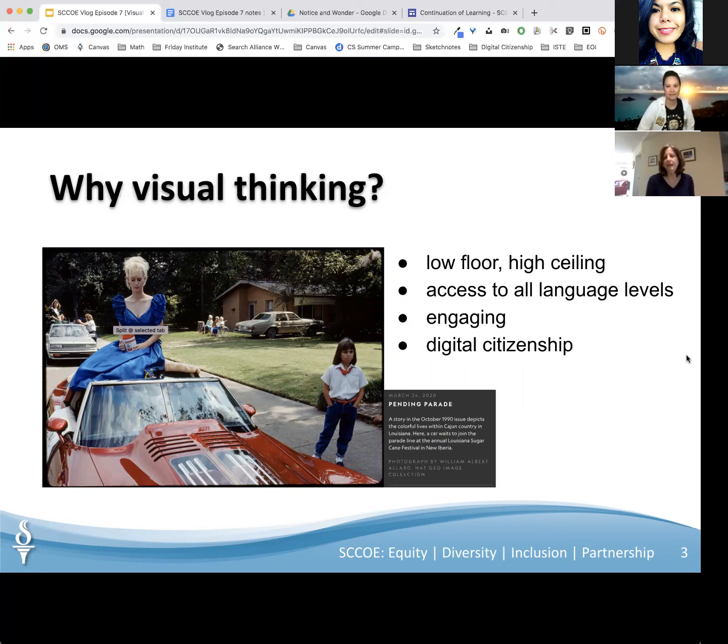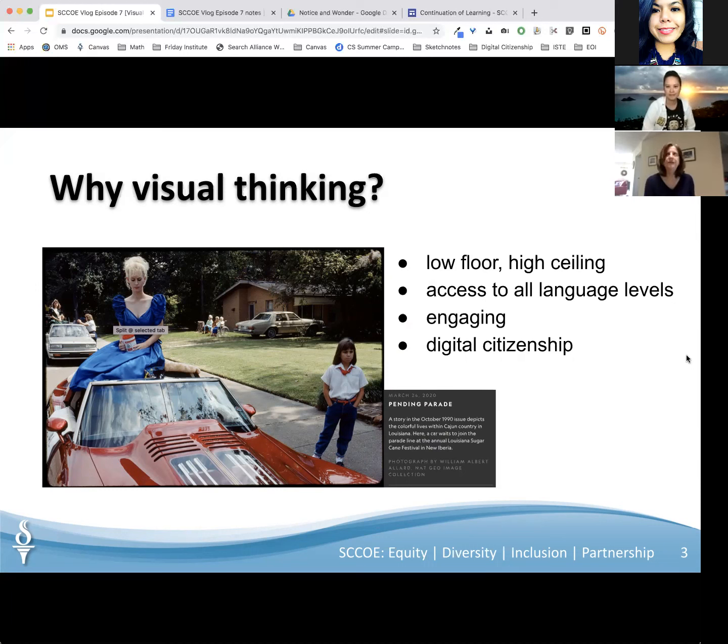It's very engaging for all students, whether you're supplying the photographs and the images that they're learning about and thinking about, or whether they're even having that opportunity to find images for their learning.